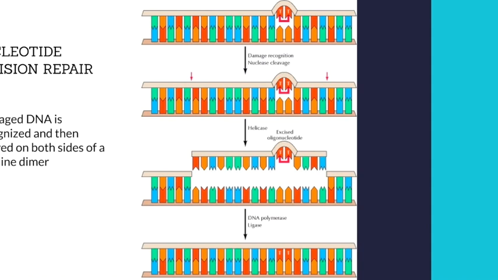Once UVRB and UVRC are associated with the 3' and the 5' sides of the damaged part of DNA, they excise the DNA in coordination with the third protein, which is UVRA. UVRA, UVRB and UVRC are sometimes together called the excinuclease. Excinuclease represents the fact that these three proteins are working as excision enzymes.